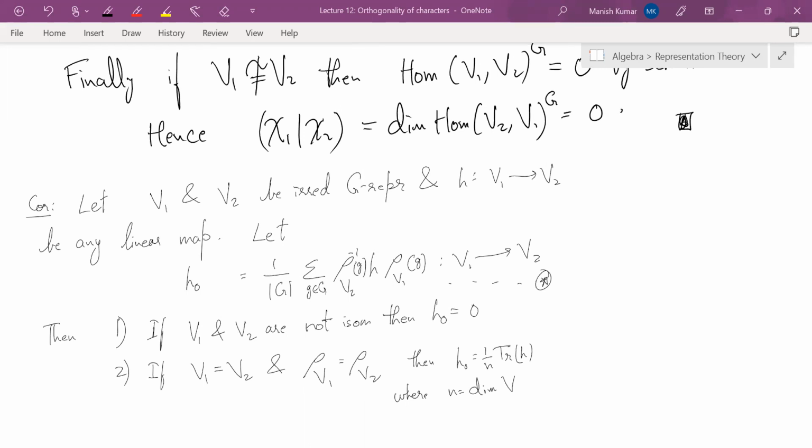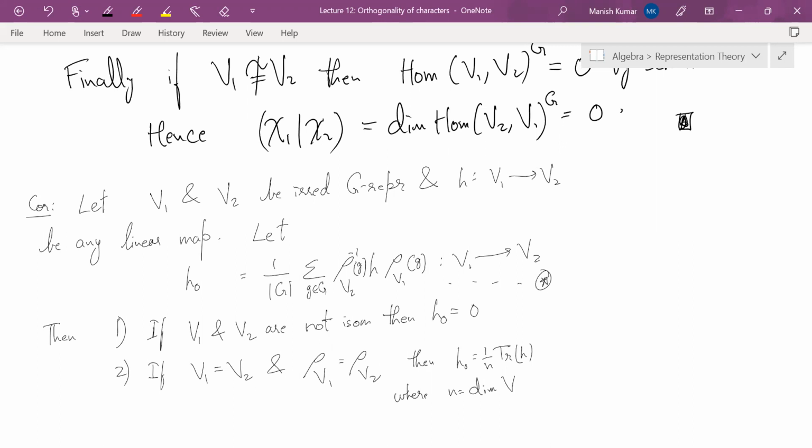So recall this corollary. If V1 and V2 are two irreducible representations and H is any linear map between V1 and V2, then using these conjugates you can cook up this map H0, which will turn out to be an equivariant map because of this conjugation. And as a consequence of Schur's lemma, if V1 and V2 are not isomorphic, then H0 has to be the zero map.